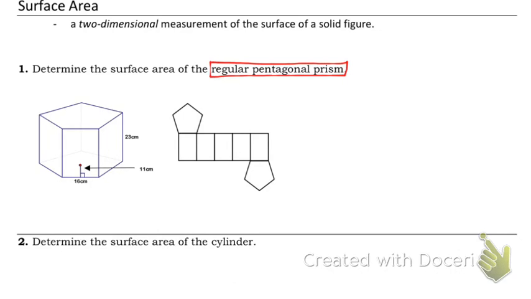All right, so if I'm asked to come up with the surface area, we can either draw the net, which I drew up there, or we can just picture all of the shapes that make it up. So this object right here is called the net diagram. It is all of the two-dimensional shapes that make up that three-dimensional pentagonal prism.